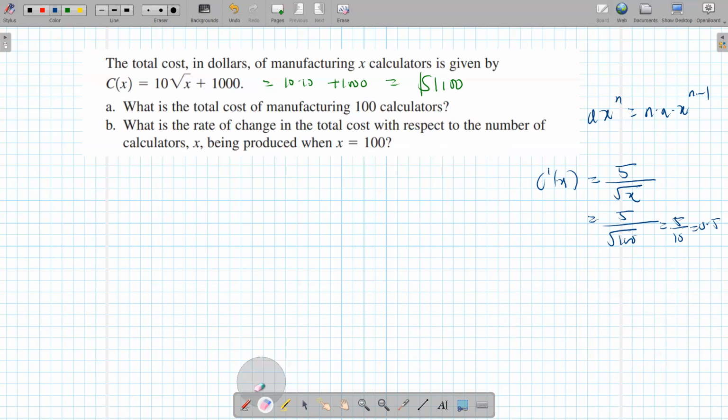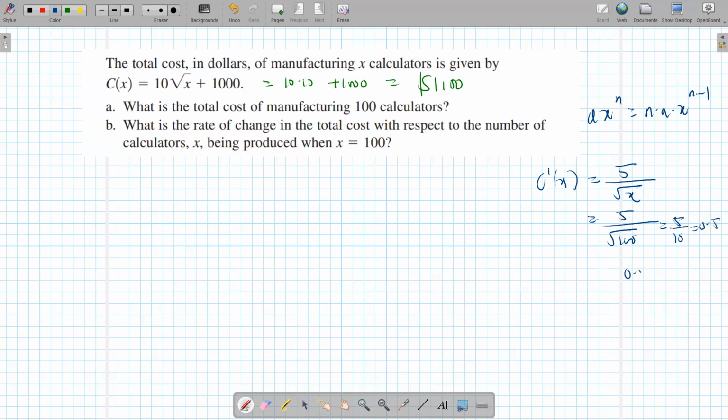What does that mean, though? In the context of this problem, how would you describe that? If you look at the question again, IROC is also the slope. It's also rise over run. On the rise, on the y value, we have dollars.